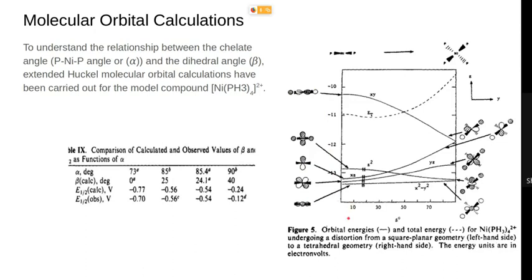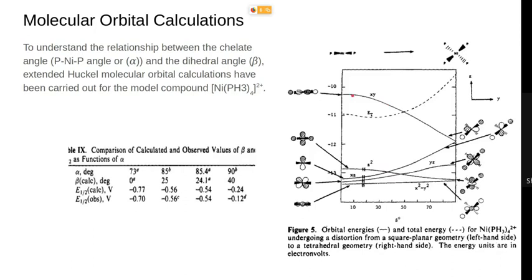So as beta increases, one thing we have to note is that the antibonding interactions between the ligand orbitals and the metal orbitals in the xy plane decrease, while the interactions with the xz and yz orbitals increase, because of this dihedral twist, they are no longer in the plane.